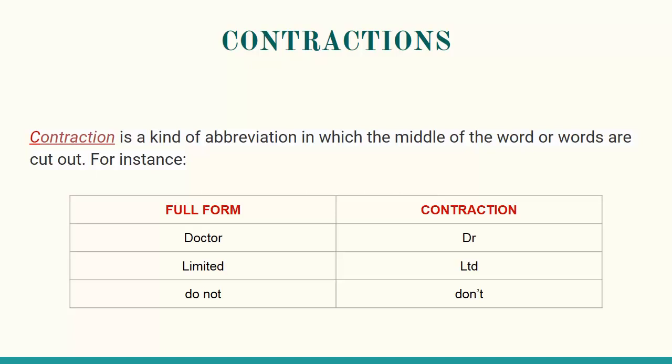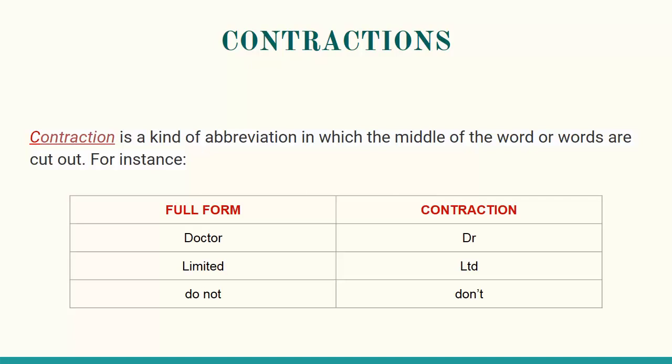The respective contraction of doctor is DR, but often native English people say this contraction the same way they say the full form of the word. Then the pronunciation is the same for the full form of this word and its contraction.